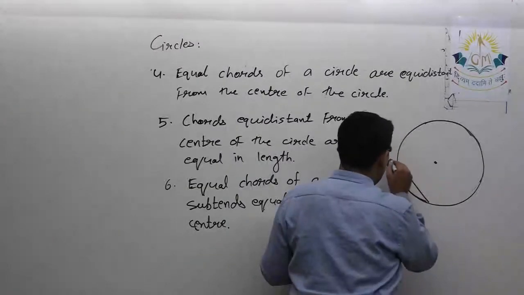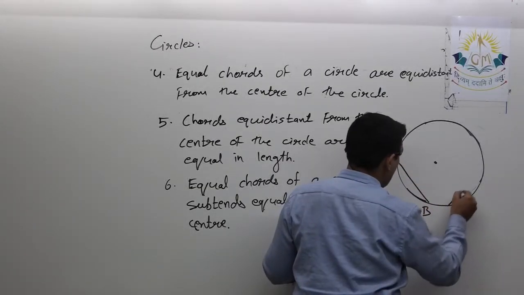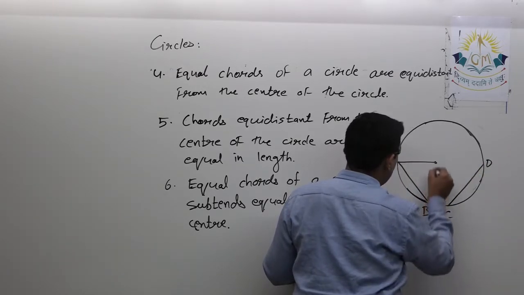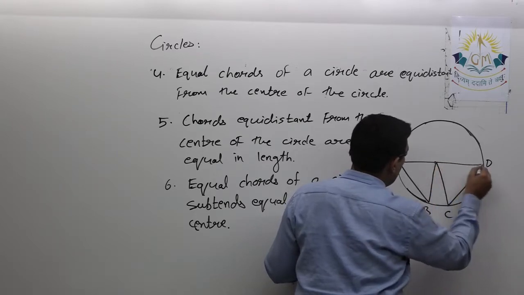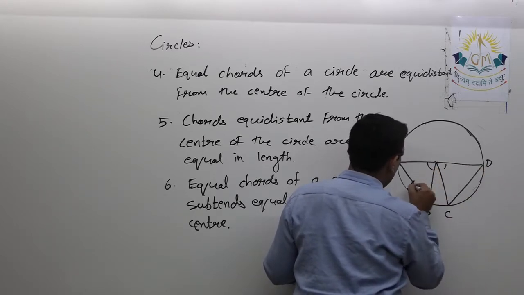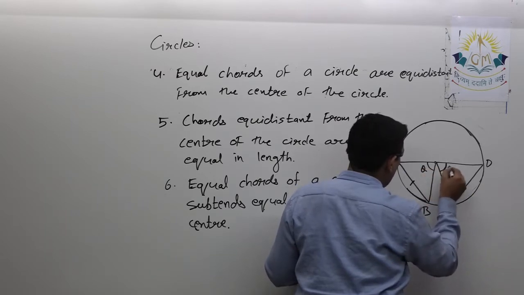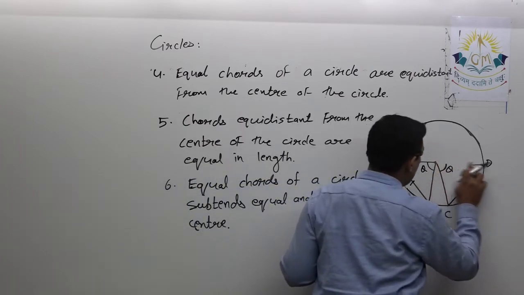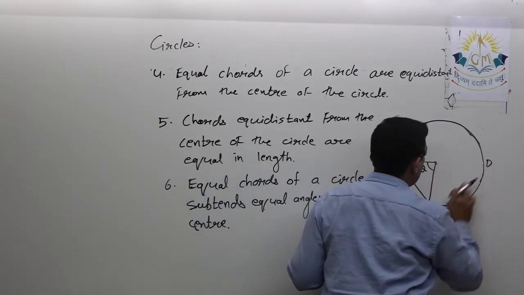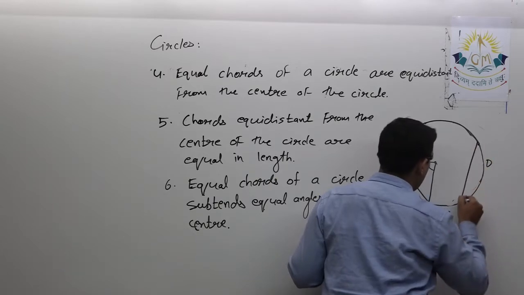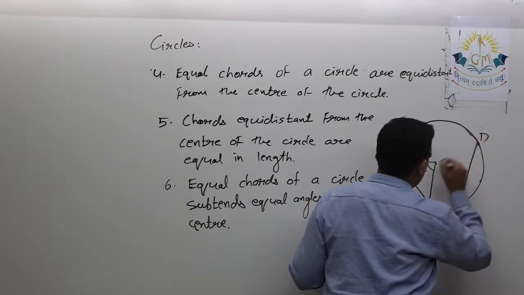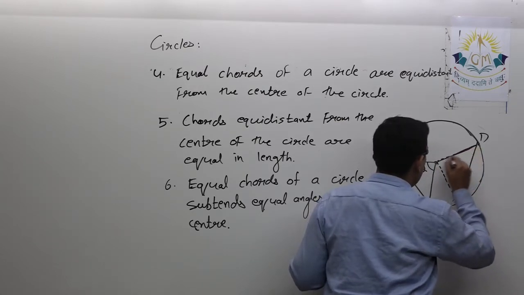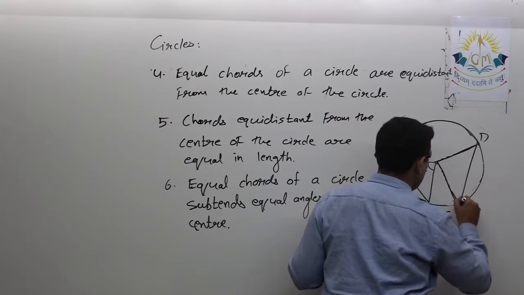Let these be the chords AB and CD. Now they subtend equal angles at the center. If AB equals CD, these two angles will have the same measurement. It's not necessary that these two are straight lines. Even if I have this as CD, again these two angles will be equal.